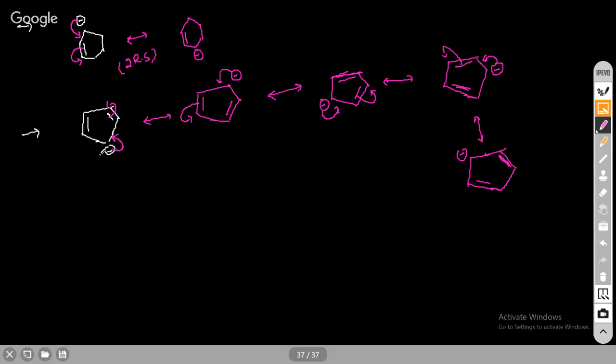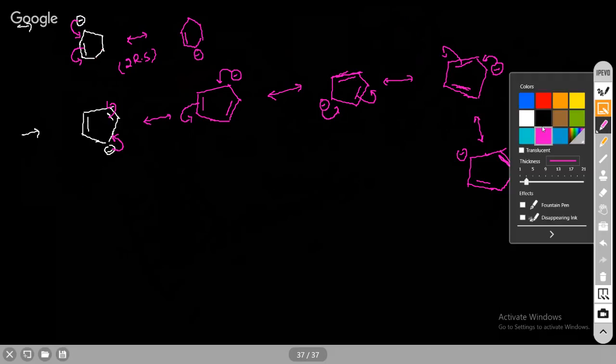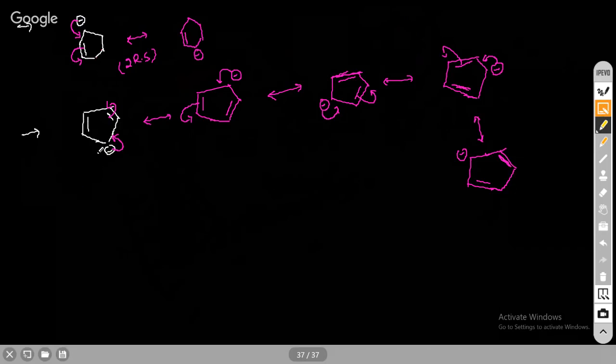Okay, so now you see, if it is first, second, third, fourth, and fifth carbon, here the negative charge is at the first carbon, here we have the third carbon, here we have the fifth carbon, here we have the second carbon, and here we have the fourth carbon. So basically in this molecule, the negative charge is present one by one at all the carbon atoms, right?